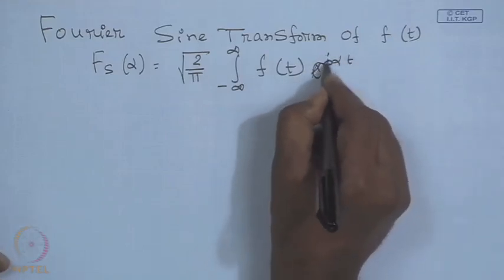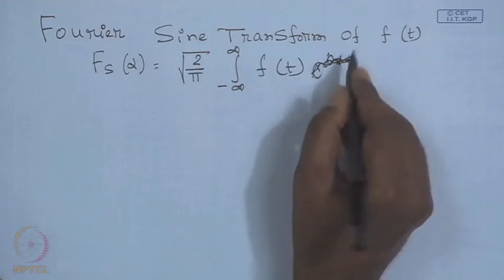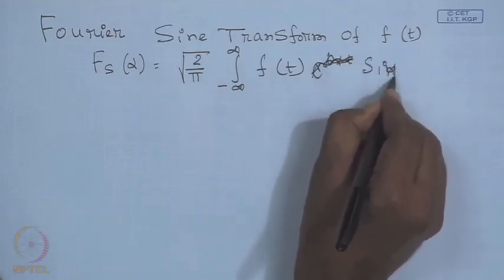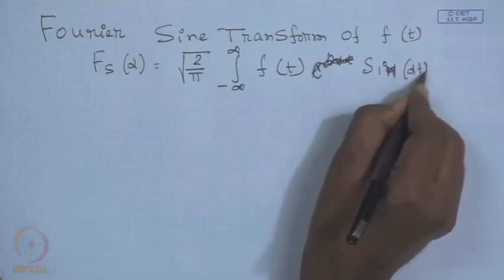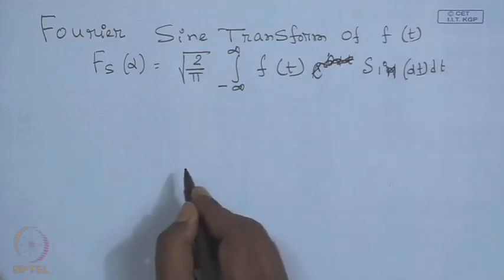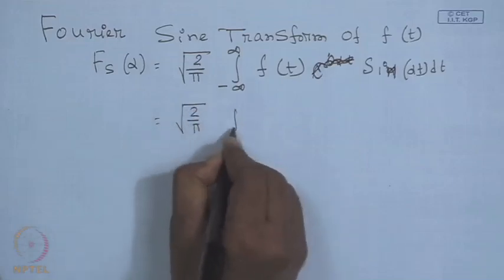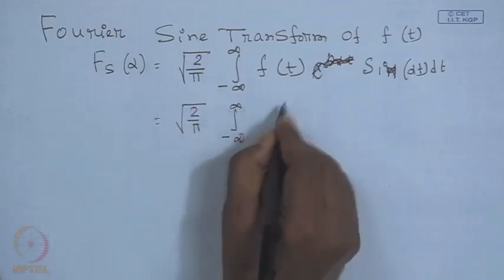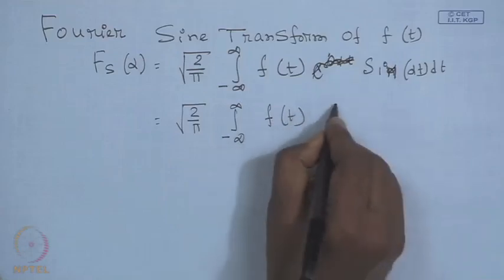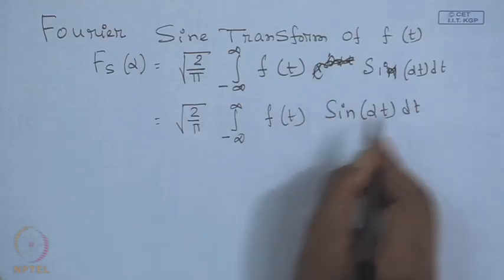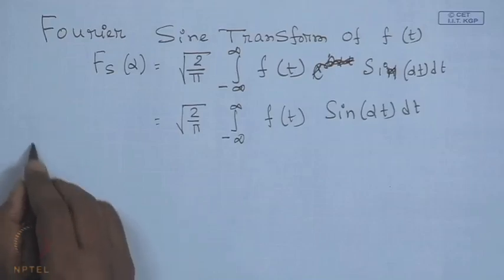No, e to the power I alpha t will be replaced by the sine part. So this will be f of t sine alpha t dt. Let me write it more clearly, the integral of f of t sine alpha t dt.